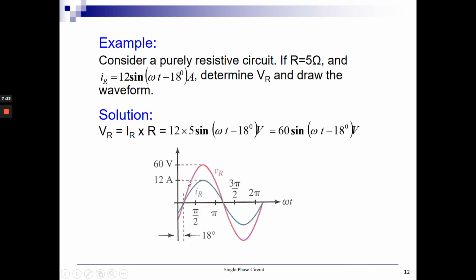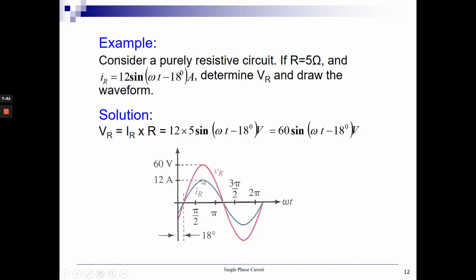Why is your waveform shifted to the right? Because of this negative value, negative 18. What we learned in chapter 1 is that if the value of your degree is negative, your waveform is shifted to the right of the y-axis.